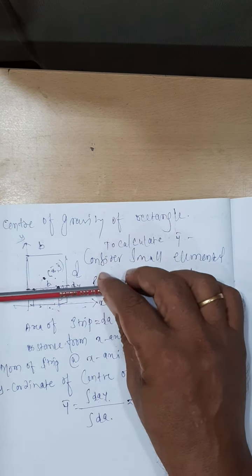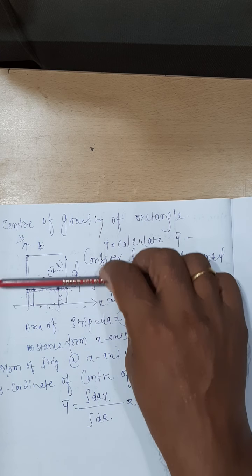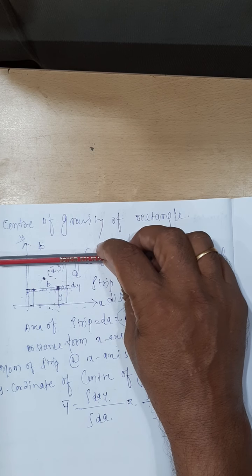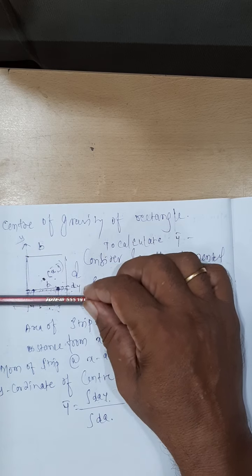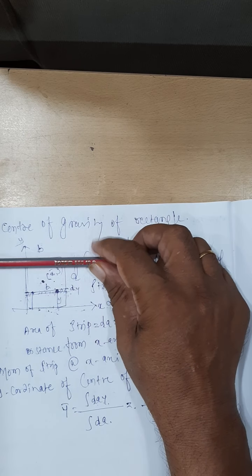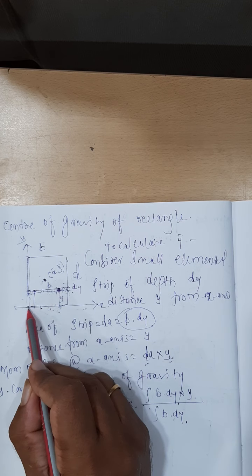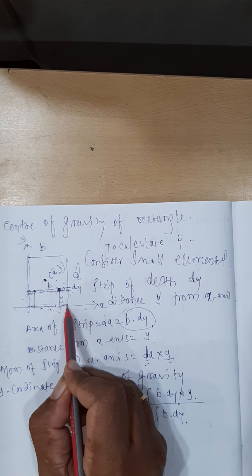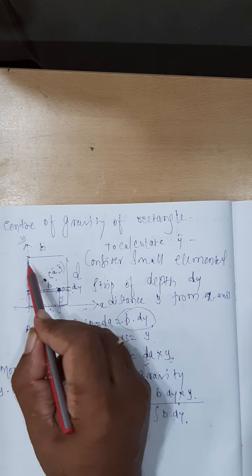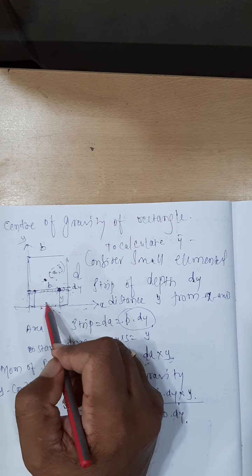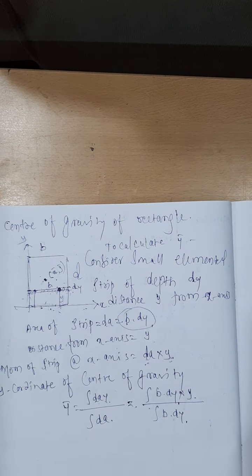If we move this strip from this end to this end, we are covering the whole rectangle. When the strip comes here, what is the value of y? y is equal to 0. When the strip goes here, y is equal to d.